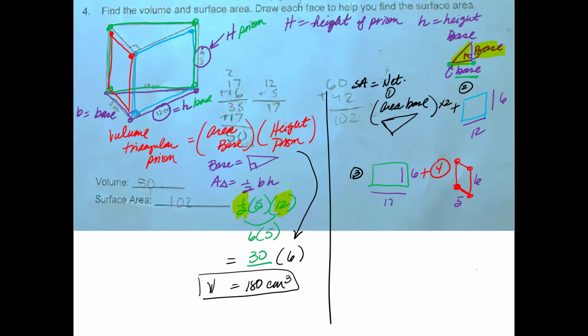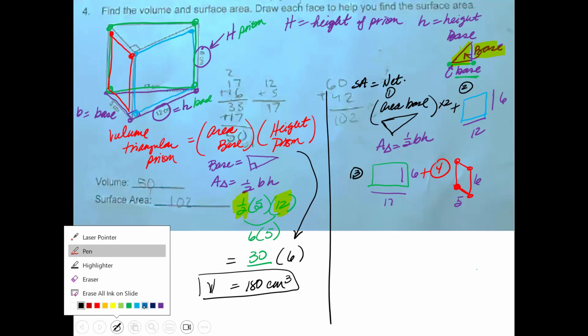Now let's take a look at the area of the triangle, right? Remember, what is the area of a triangle? What's that formula? Good. What is the base of the base?